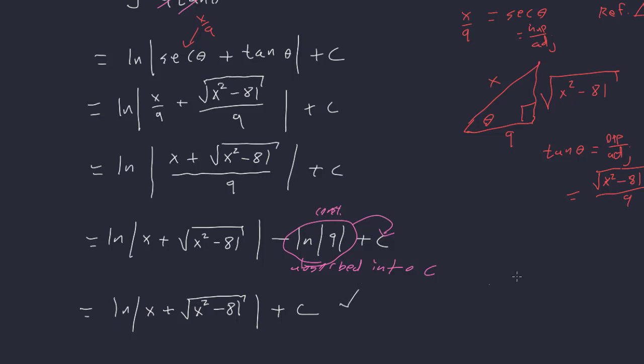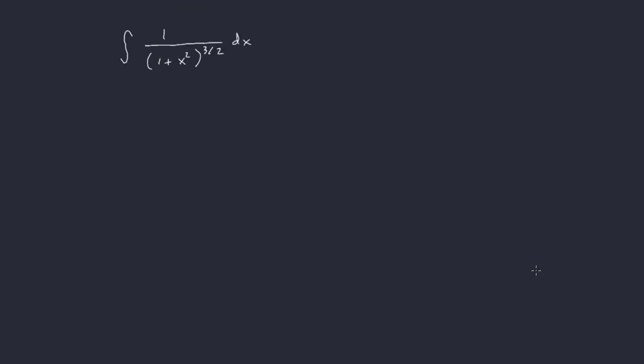All right, so there's that. Let's look at another example. Okay, so in this example, what we'll find is we have a 1 over 1 plus x squared all to the 3/2. So this is our tangent pattern.